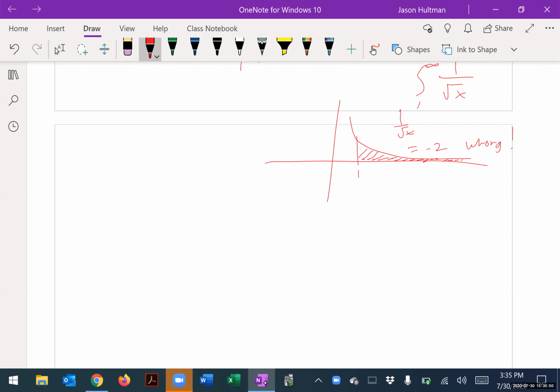The other way that we can see this is, again, if we have the integral from 1 to infinity of 1 over x to the p dx, let's go back to the limit. The limit as t goes to infinity of, and we said this was 1 over p minus 1 times t to the p minus 1.